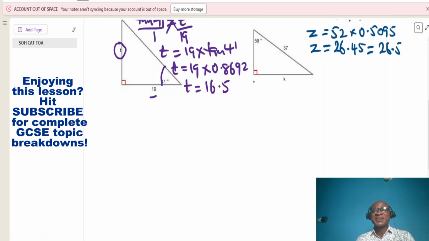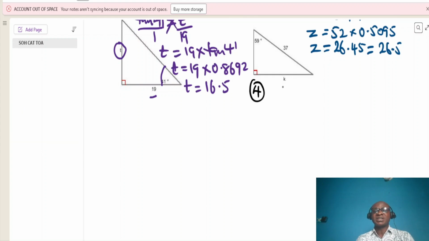I love that. So for number 4, I am looking for k. k is the opposite. On the adjacent, I am not given anything. And the hypotenuse is given to me. So using opposite and the hypotenuse, I am going to make use of sine, meaning that sine 59 is going to be equal to k over 37, the hypotenuse side.